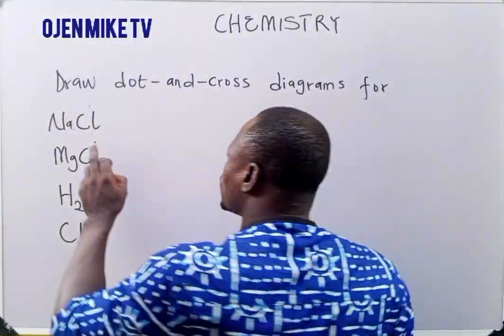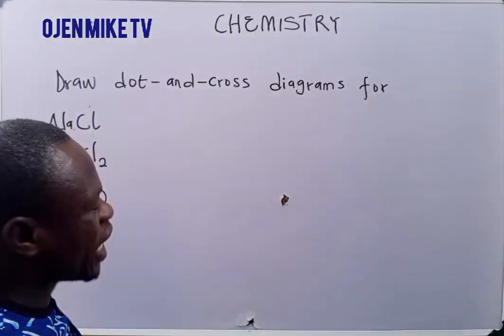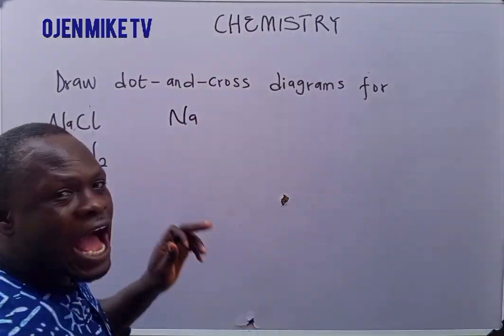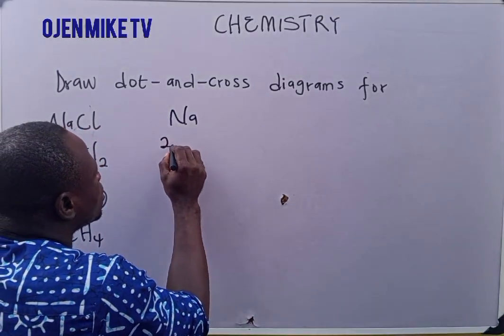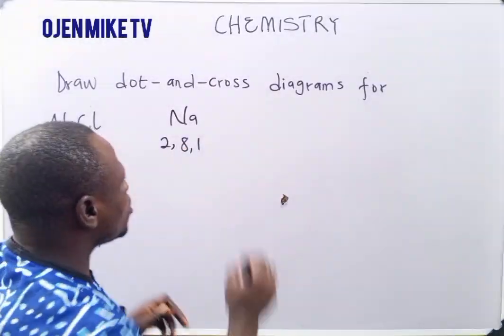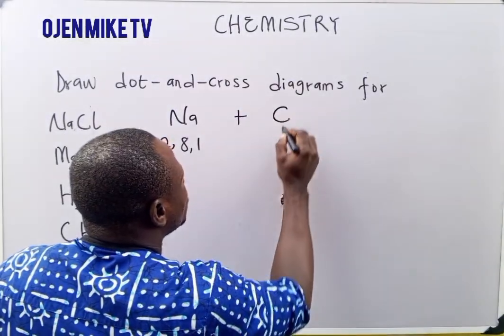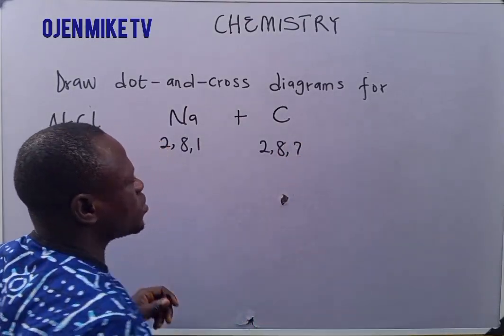All right, now we are going to first of all look at the first one. In the case of sodium chloride, sodium has electronic configuration of 2, 8, 1, plus chlorine has electronic configuration of 2, 8, 7.